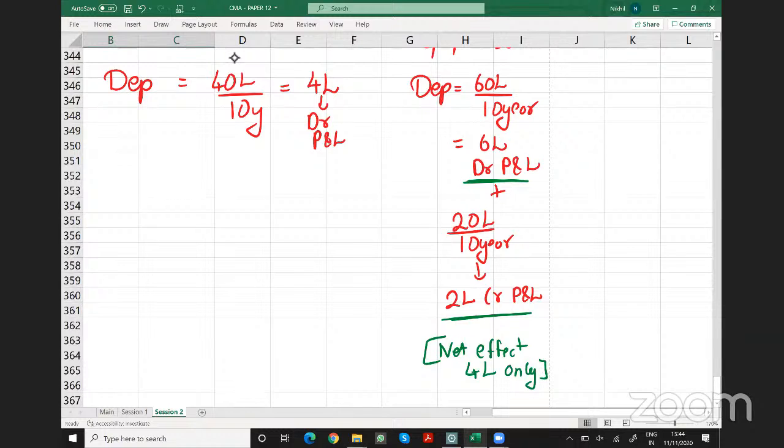So either you can say 60 minus 20, on this 40 lakhs I will charge depreciation, which is for 10 years, 40 lakhs divided by 10, which is 4 lakhs per year. We will debit to profit and loss account. Or you can say, sir, 60 lakhs divided by 10, I will debit my profit and loss account with 6 lakhs and credit my profit and loss account with 2 lakhs. So my effective cost will, in both the cases, be 4 lakhs only.